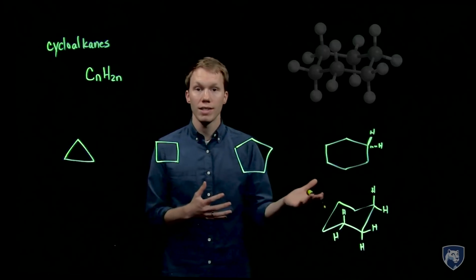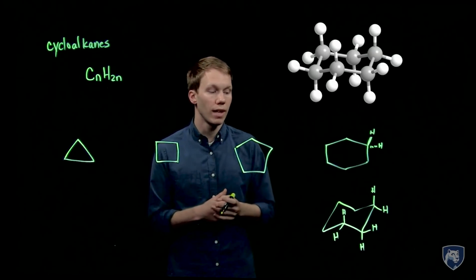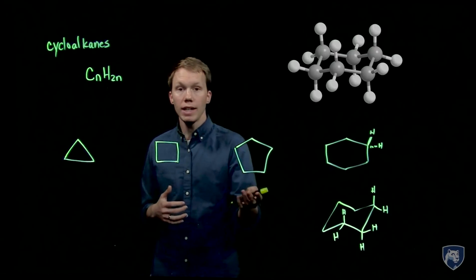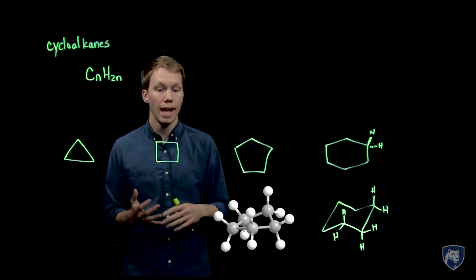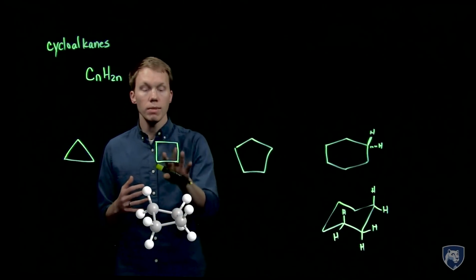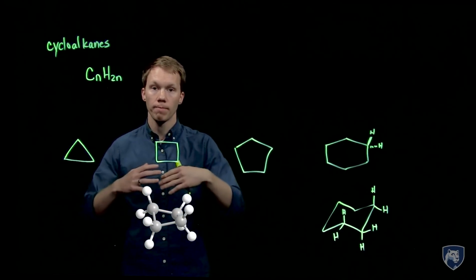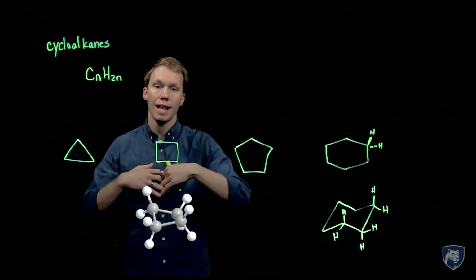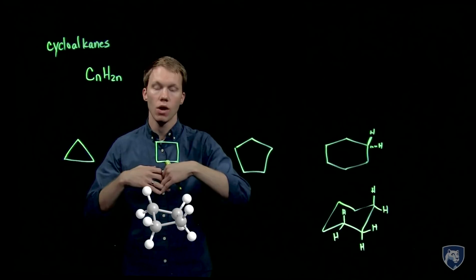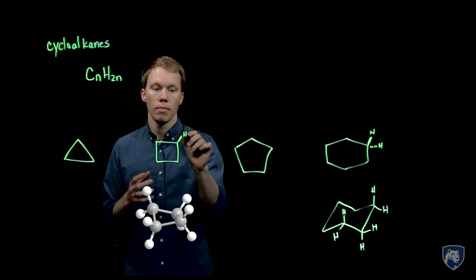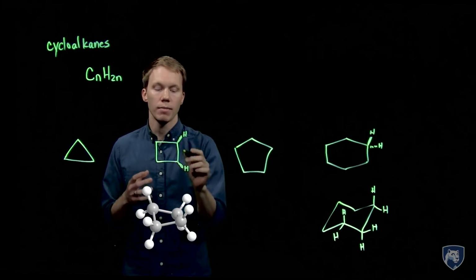And here's a ball and stick model to give you a better idea of what that looks like compared to what I've drawn on the page. The 5-membered ring is what we call an envelope. And going down to 4, this is not going to be a flat square. We like to think of it as puckered, and that is due to the fact that we don't want the bonds on neighboring atoms to overlap.